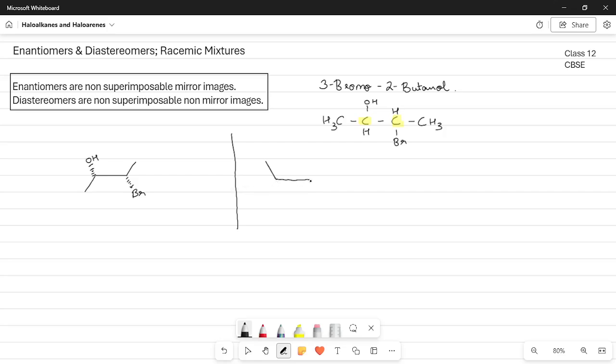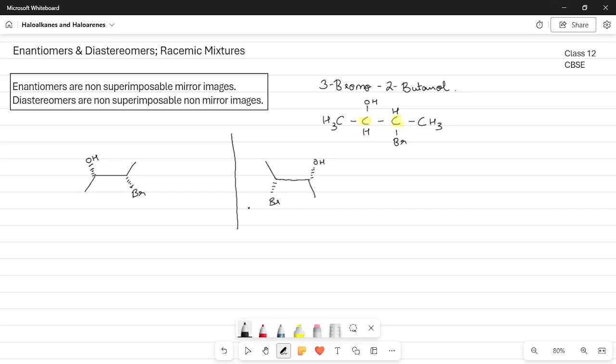And then since it's a mirror image, you're going to have it flipped like that, right? So this is going to be your Br, the bromine atom. And you're going to have your OH over here.